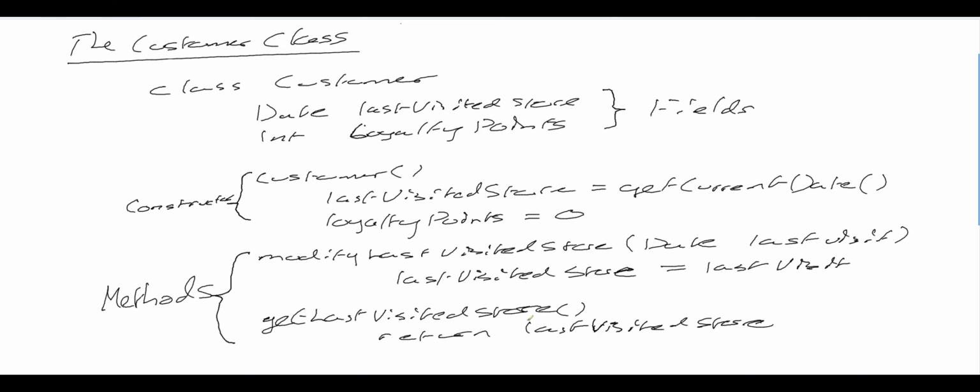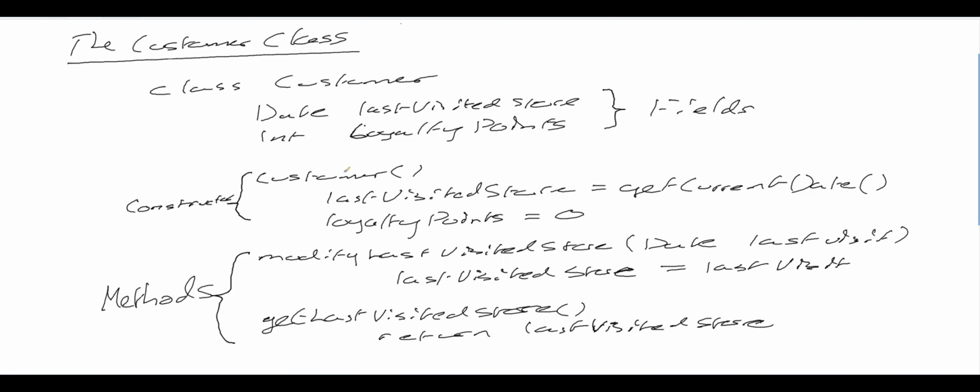Then finally I've got a method down here that says get last visited store, which, if for example the system is trying to decide whether to send the customer an offer via email or something if they haven't visited the store in a long time, it could call this method get last visited store, and this method would return the value of this field here, last visited store, to whatever part of the program called the method. Okay, so that's just an example, a language agnostic example of a class.